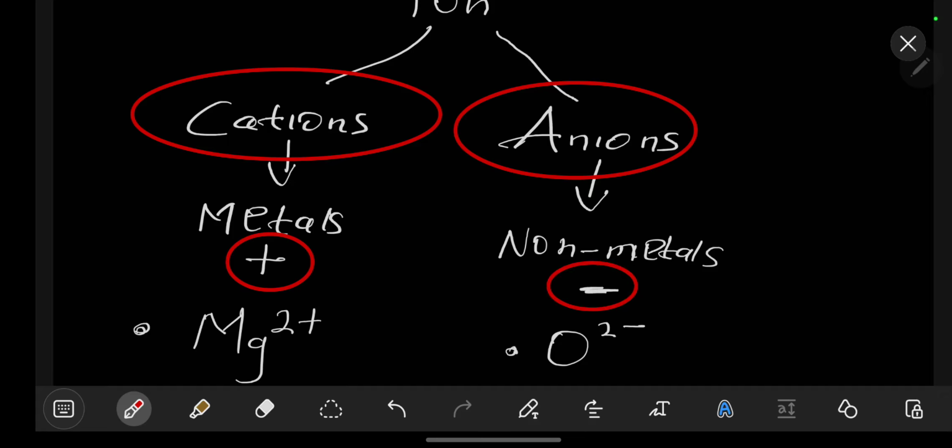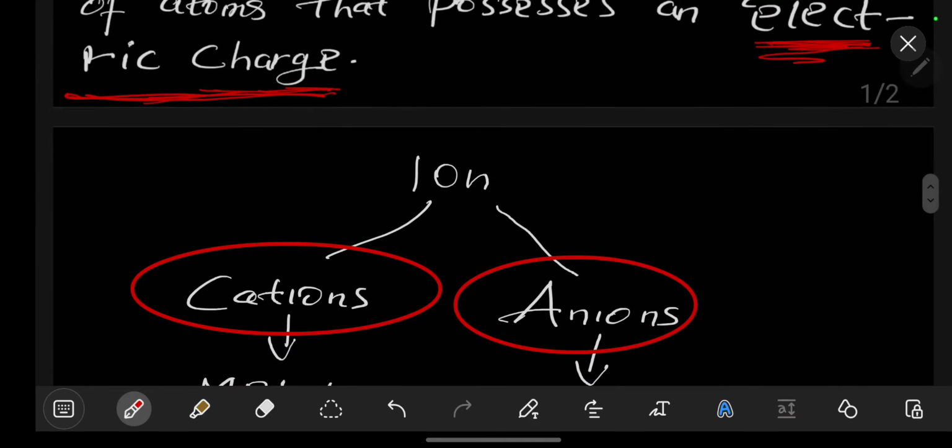Now, these things are important, but what is even more important here are the examples. Because in a typical chemistry test, maybe in a multiple choice section, you may be asked which of the following is a cation and which of the following is an anion.